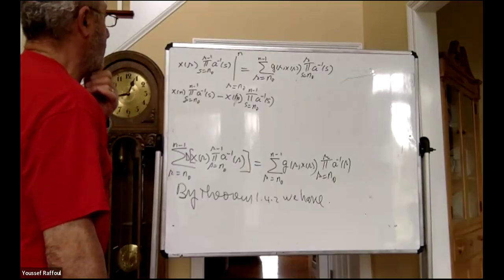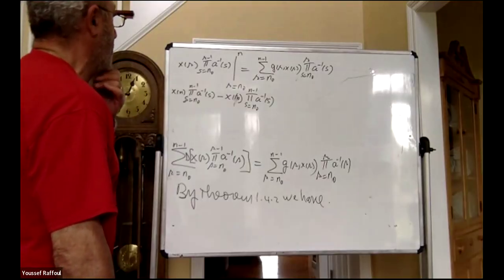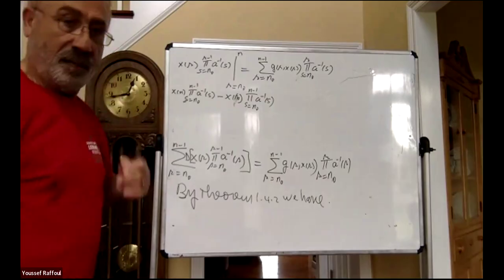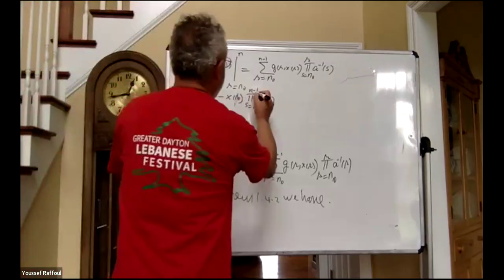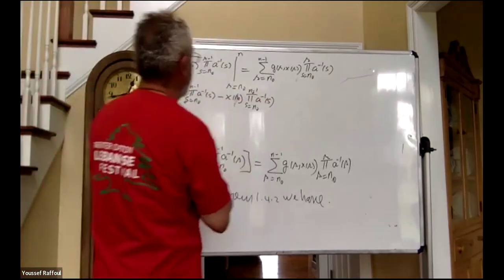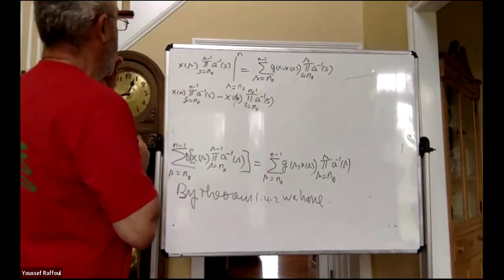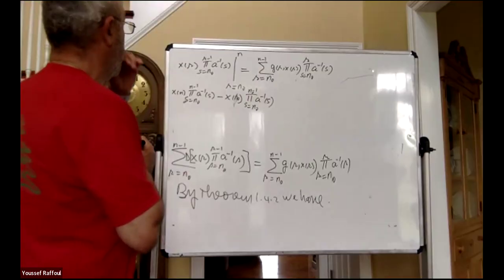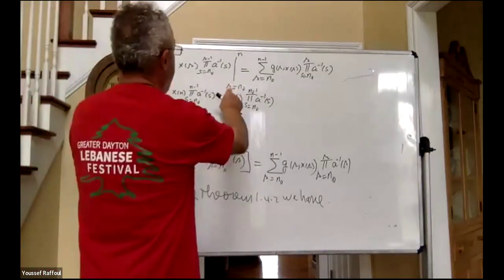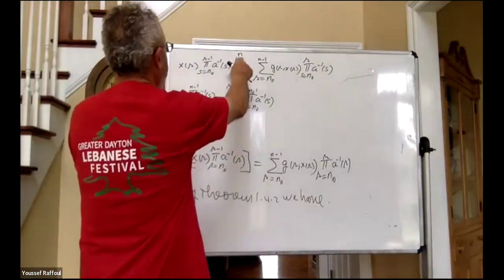So, are you up to that one? Oh, this one is n naught minus 1. Sorry. Okay? Because I am doing from r equal n to n naught.